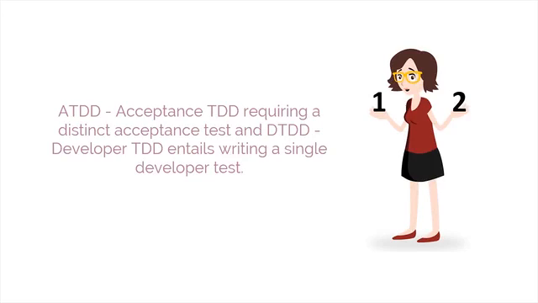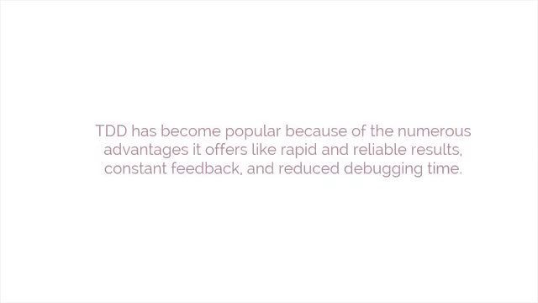TDD can be categorized into the following two levels: ATDD, acceptance TDD, requiring a distinct acceptance test, and DTDD, developer TDD, entails writing a single developer test. TDD has become popular because of the numerous advantages it offers, like rapid and reliable results, constant feedback, and reduced debugging time.